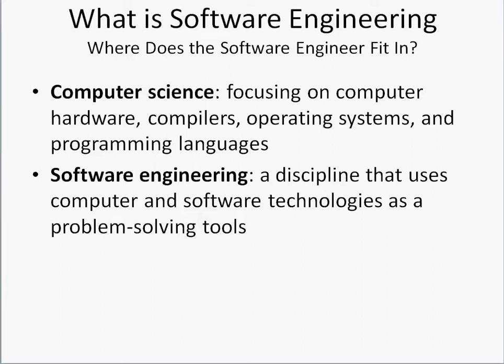It's typically a discipline that uses those tools to solve typically business problems. Both a software engineer and a computer scientist would probably be very well versed in programming and programming languages and techniques. It's the application of their knowledge that differs.